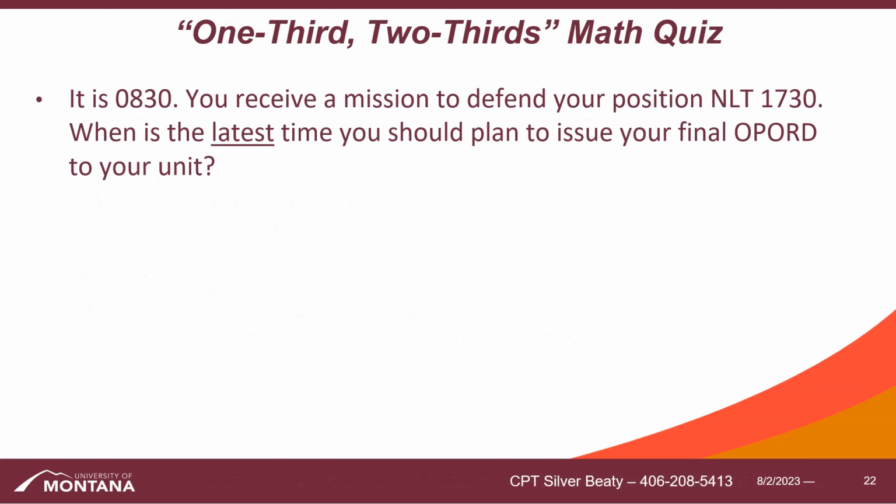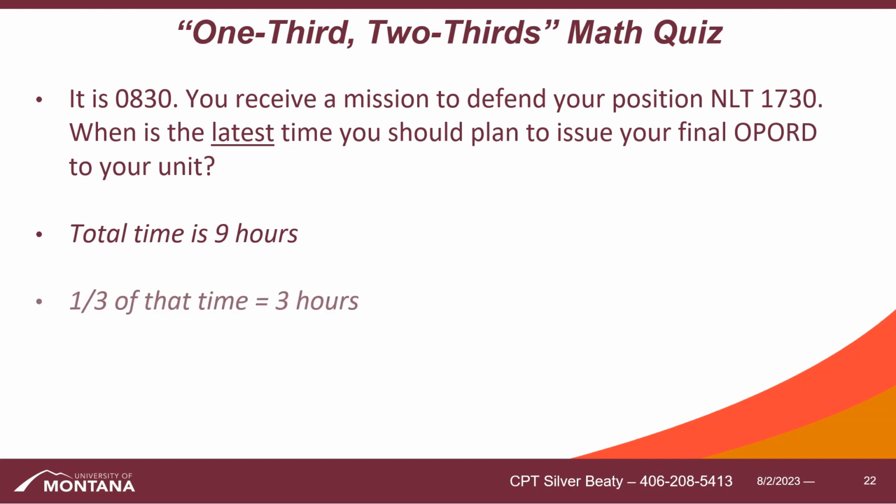So if it is 0830, you receive a mission to defend your position no later than 1730. When is the latest time that you should plan to issue your final op order? When we do this, we know that from 0830 to 1730 is 9 hours. The next step is we're going to divide that into thirds. 1/3 is 3 hours.